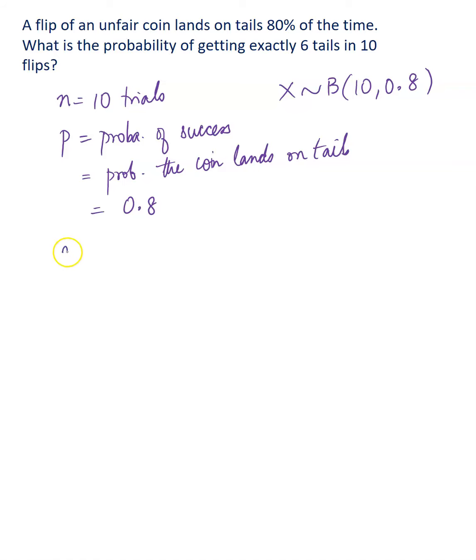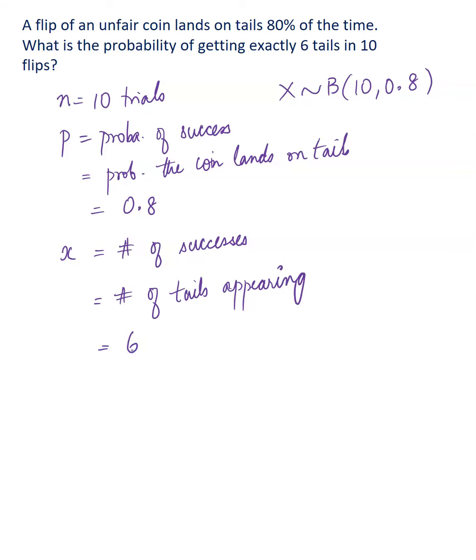In particular, we are told how many trials there are, right? That will be n. X stands for the number of successes. So here it is the number of tails appearing. Usually we list it as 0, 1, 2, 3, etc. But here they gave us specifically 6 successes, right?